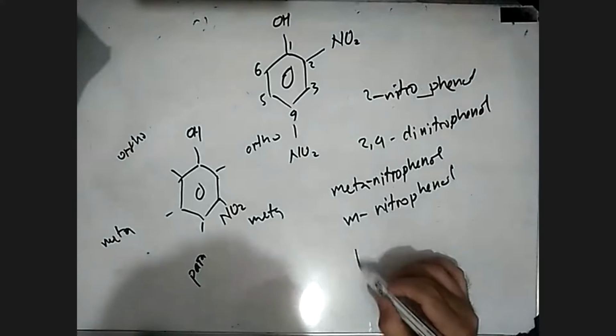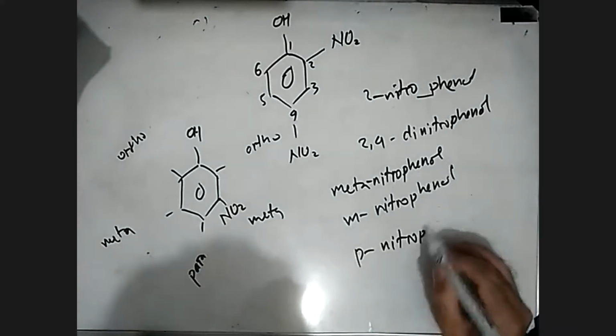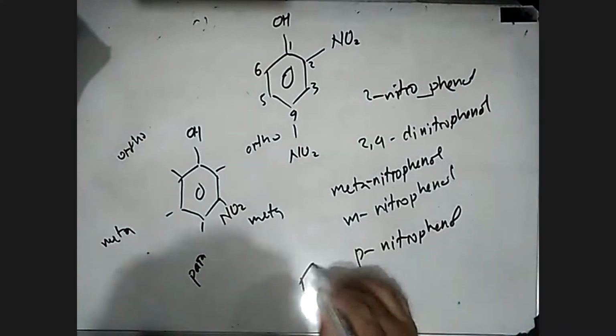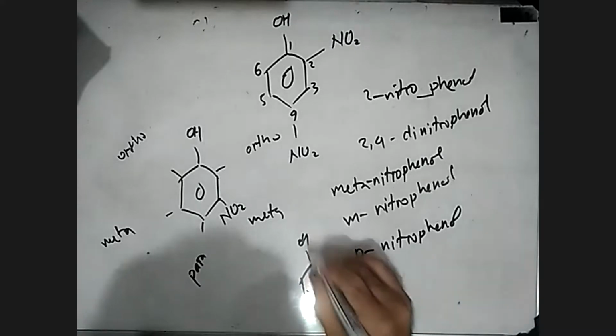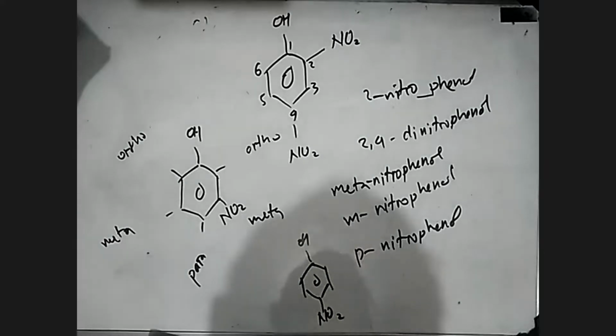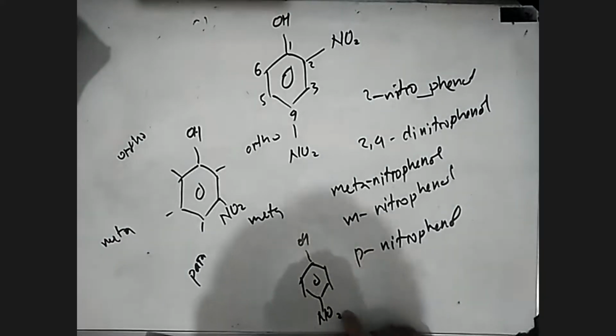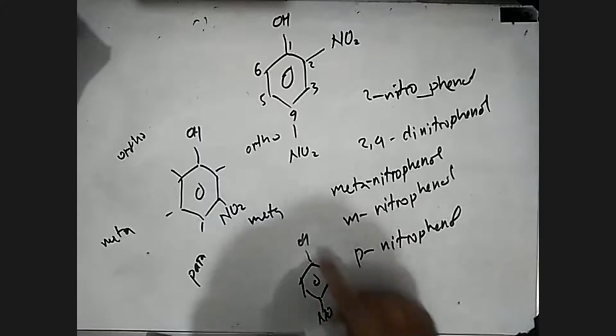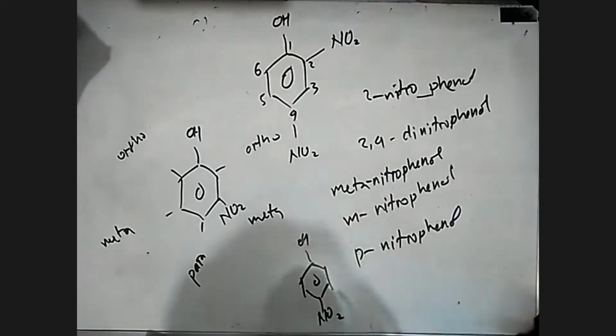We can have p-nitrophenol, for example, but that's going to be the phenol and NO2 there. This is going to be para-nitrophenol with nitro position opposite the hydroxyl.